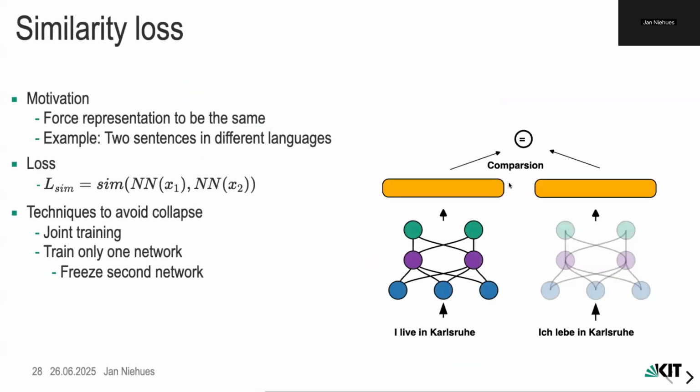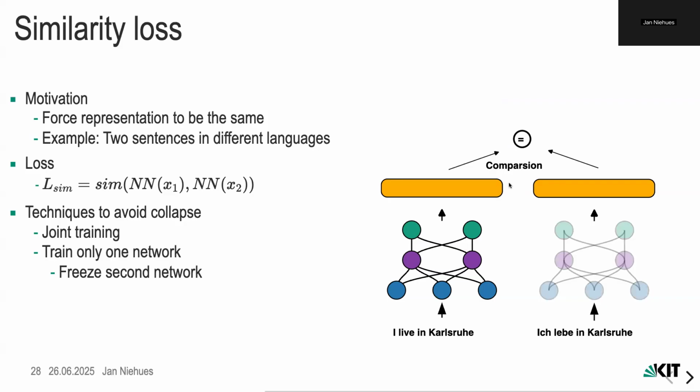The other idea is to have two separate networks and train only one. So for example, if you have one encoder for German and one encoder for English, you freeze your German encoder and you give this as fixed. So you're not allowed to move the German parts apart, and you only learn that the English parts should be mapped to that, so they should be similar.